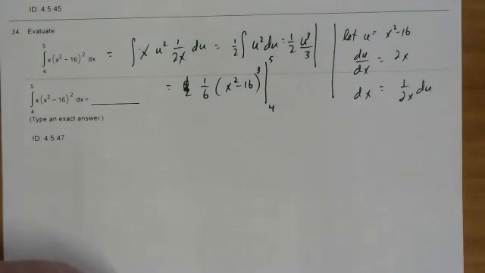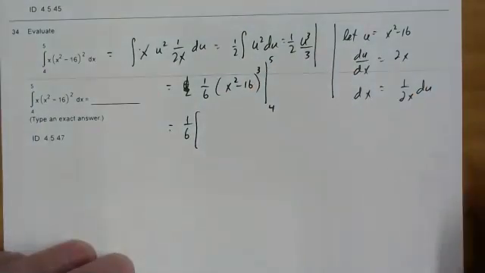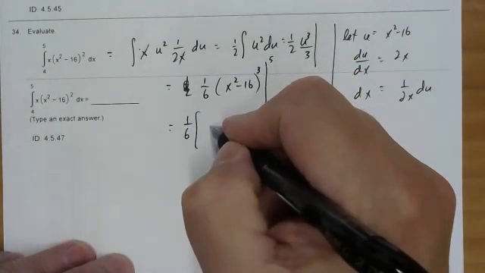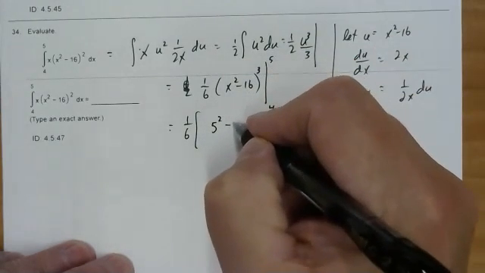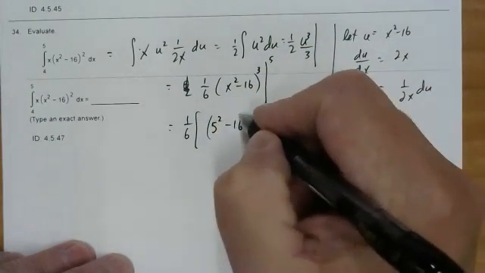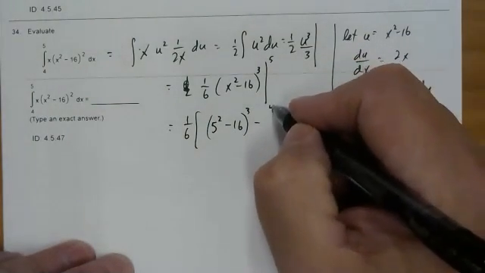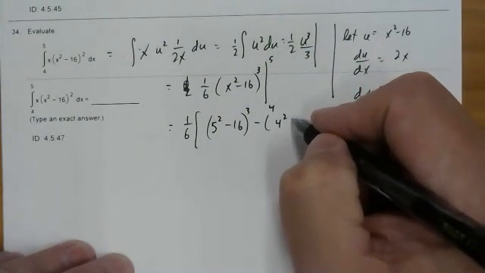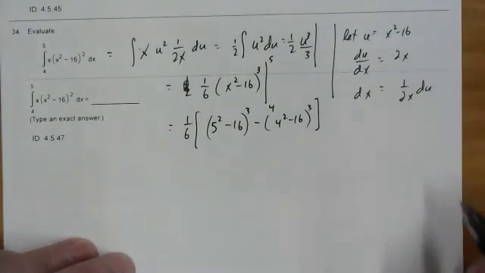All right, now this math might be kind of messy, looks like, because let me pull the 1/6 way out. So plug in 5 for x. So 5 squared minus 16 to the third power minus, plug in 4 for x. 4 squared minus 16 to the third power.